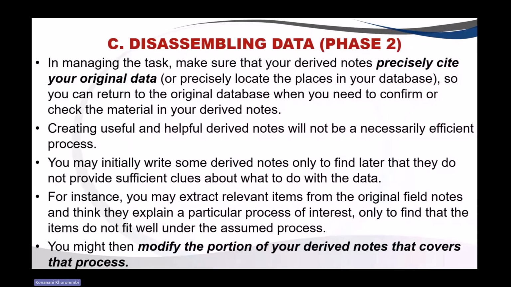You might then modify the portion of your derived notes that covers that process. When you do this, it is reiterative. You are revisiting what you've done earlier. So you go back so that you can move forward.